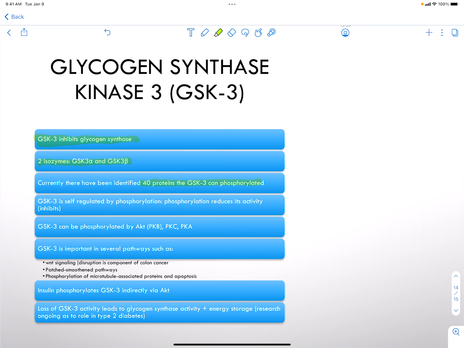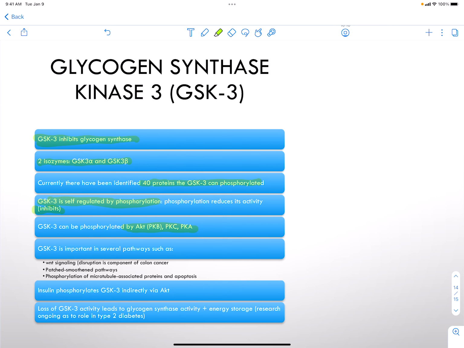When glycogen synthase kinase 3 is phosphorylated, its activity is inhibited. So it is going to be regulated by phosphorylation itself. Glycogen synthase kinase 3 can be phosphorylated by all of those downstream kinases that are activated following insulin signaling.